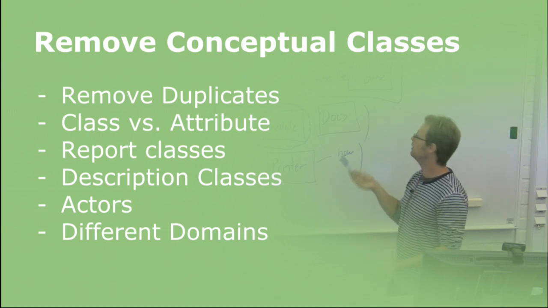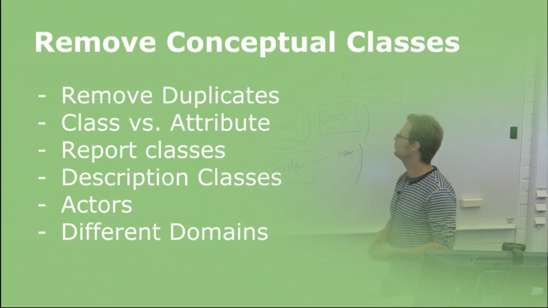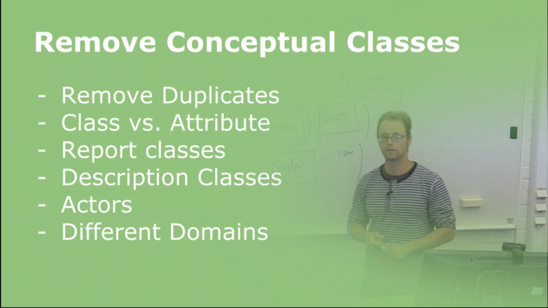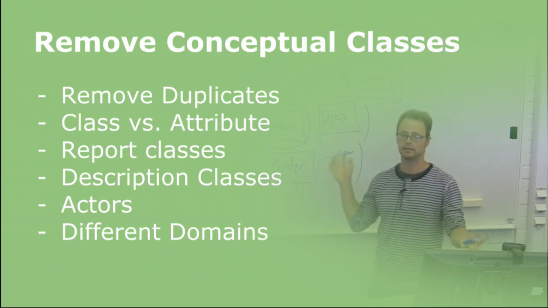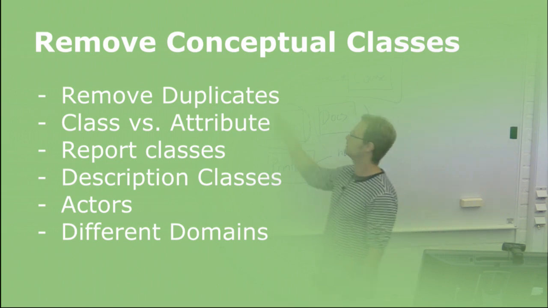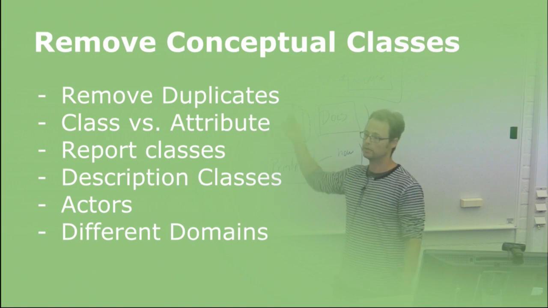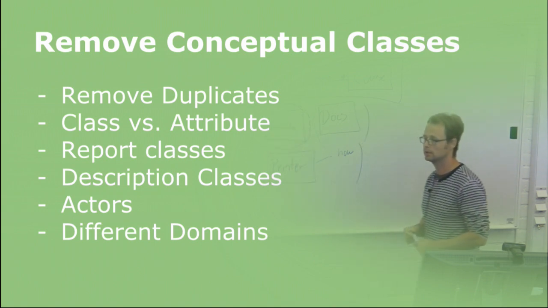However, if maybe in some requirement there is a rule that says the student can only print 5 schedules for free, and then you must pay some amount of money, then maybe it's more interesting to actually have this and remember this information in some way.